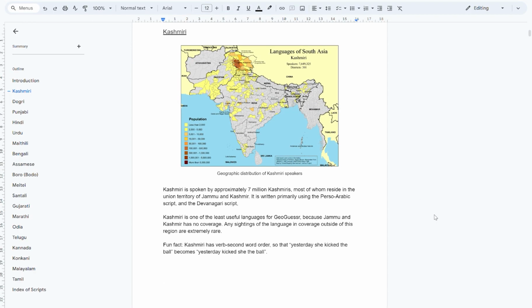Any sightings of Kashmiri outside Jammu and Kashmir are extremely rare, almost unheard of. So unfortunately you won't get much use out of Kashmiri in GeoGuessr.